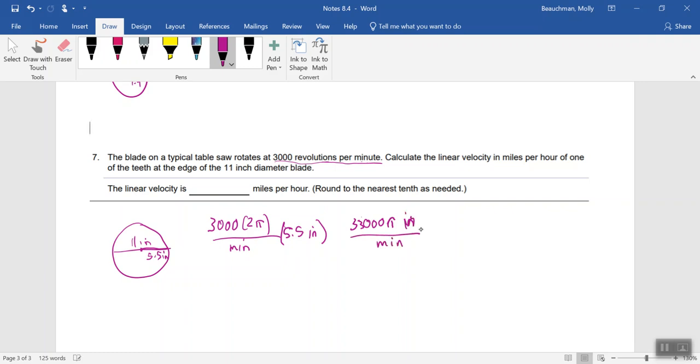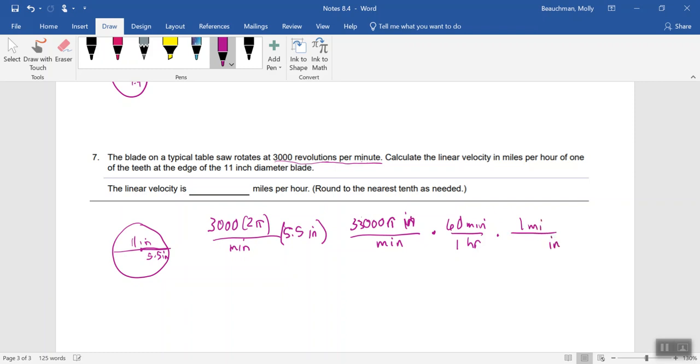Now I want to convert that to miles per hour. I know that there are 60 minutes in 1 hour, so I'm going to multiply by 60 minutes over 1 hour. How do I know to put 60 over 1? I want the minutes to cancel. Now I need miles. 1 mile is how many inches?